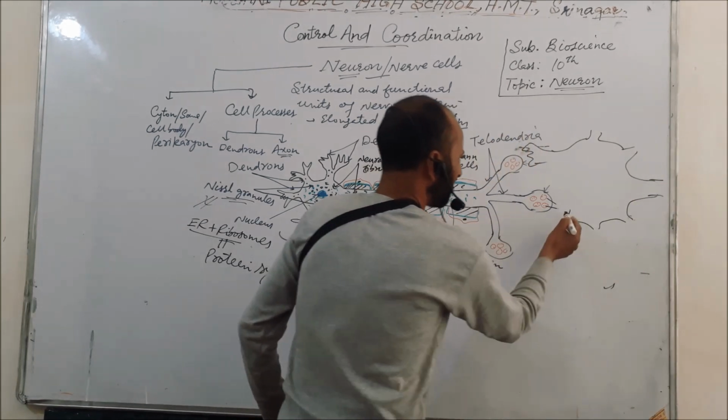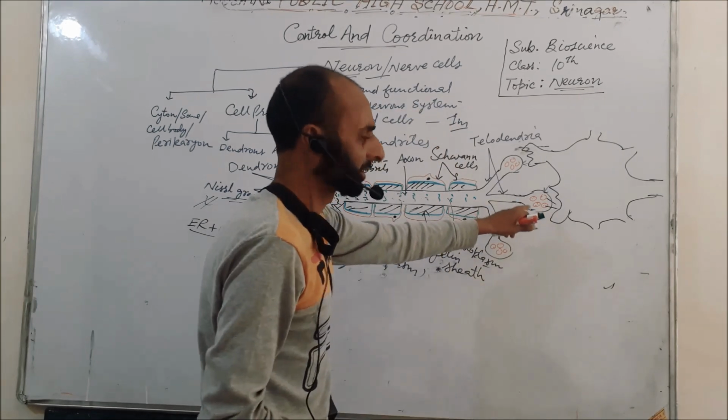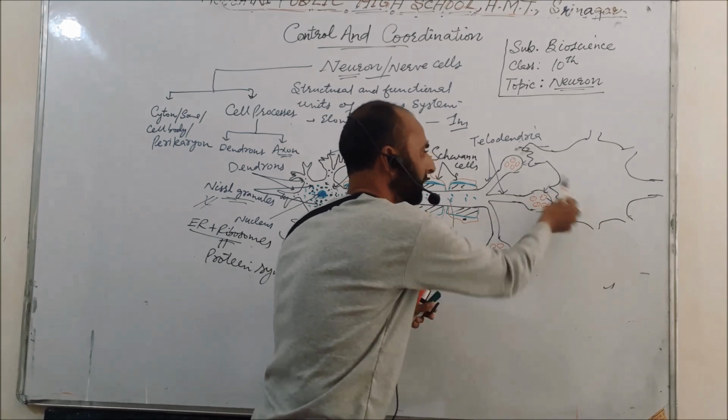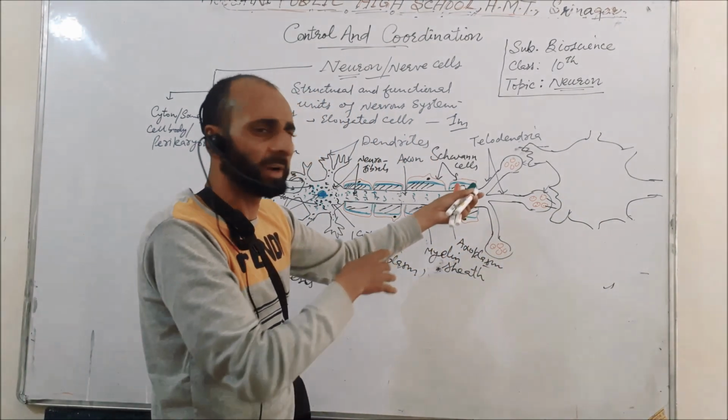Okay, and its dendrites fuse with the synaptic knobs of the first neuron and they join end to end. इस तरह से join होते हैं तो long fibers बनाते हैं, इसको nerve fiber फिर बोलते हैं.